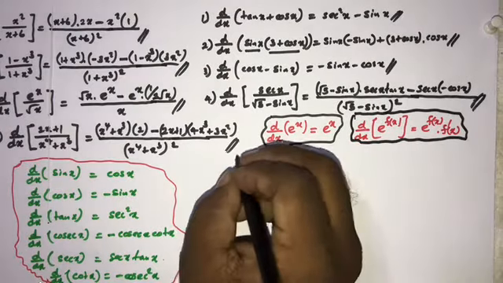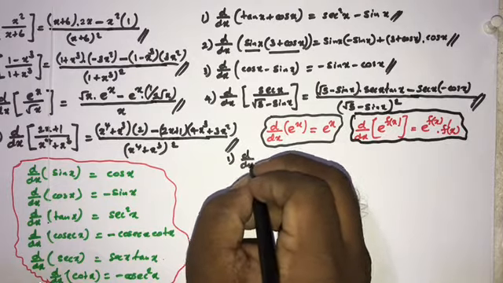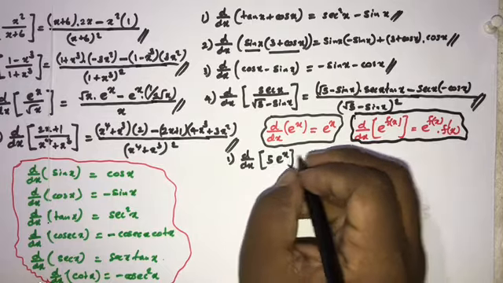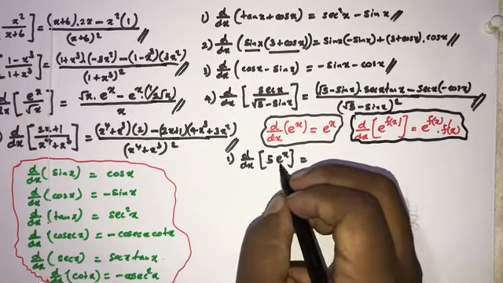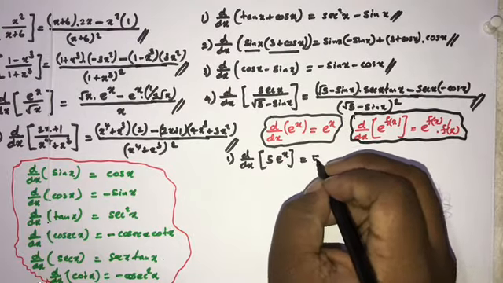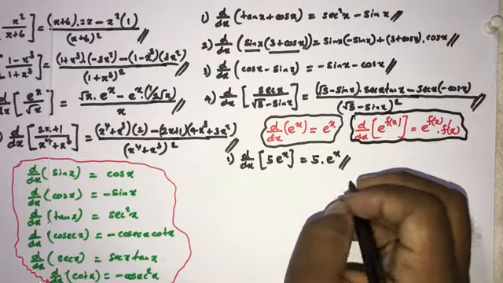So now if we talk about some examples, example number 1, the derivative of 5 times e to the x. So we know here 5, a constant times, so we should rewrite the constant, then the derivative of e to the x, we know e to the x. Okay, this is the answer.